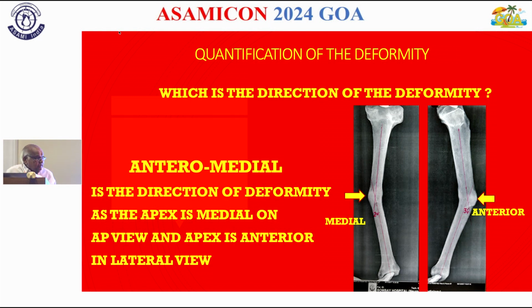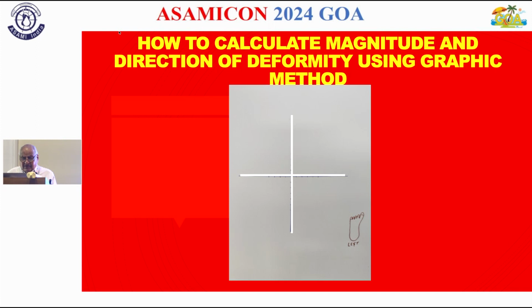The apex of the deformity is here and here. This is the anterior view, this is the medial view. So you draw a line, and you draw a vertical line 90 degrees to this and mark 1 centimeter, 2, 3, 4 centimeter points, like that.